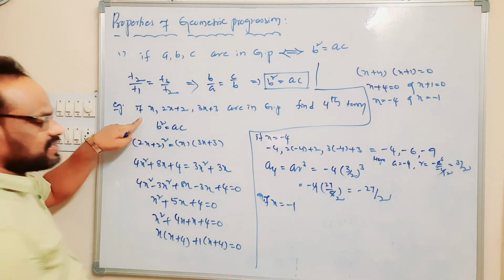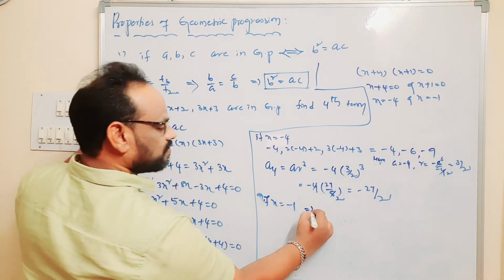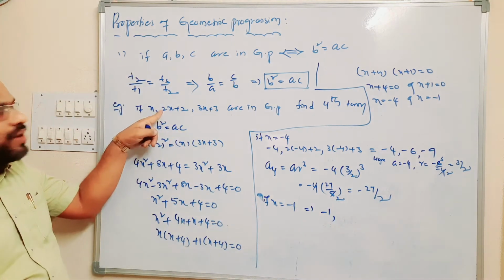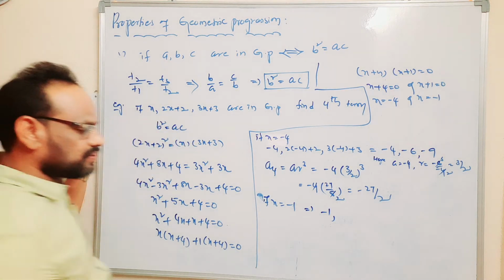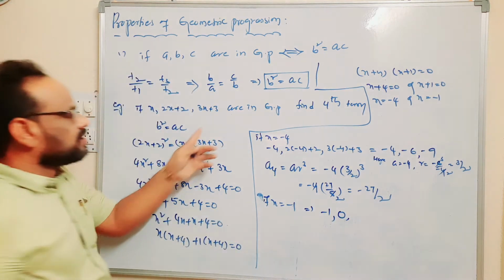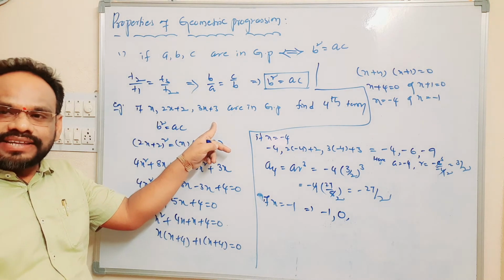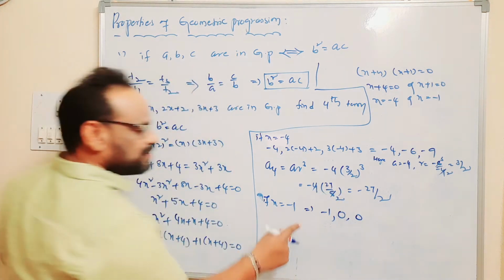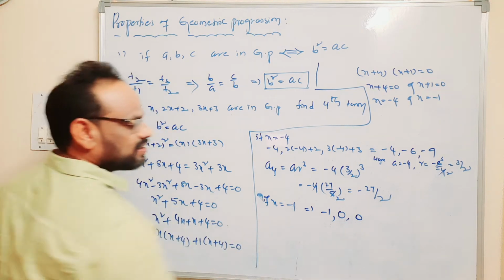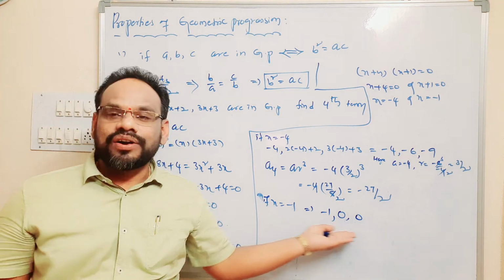Observe here, if x is equal to minus 1, we get minus 1, then 2 into minus 1, minus 2 plus 2, which is 0, comma, 3 into minus 1, minus 3 plus 3, which is 0. The three terms are minus 1, 0, 0, but it is not a GP.